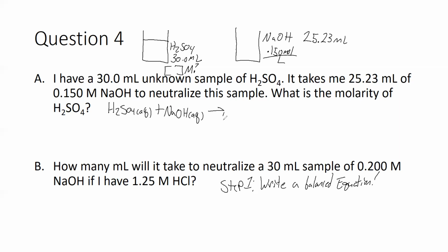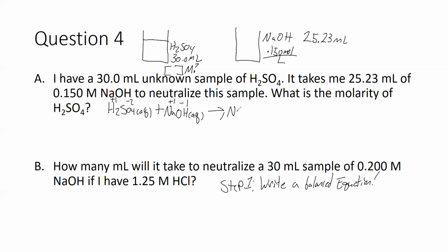Now we have to figure out what we're going to make. So H is +1, SO4 is -2. Na is +1 because it's on the first column. OH is -1. So we need to switch our cations.